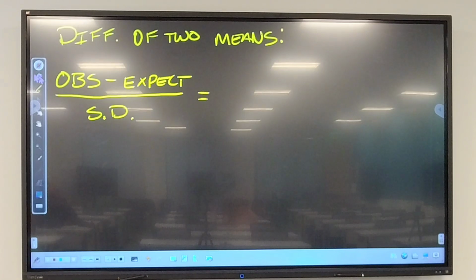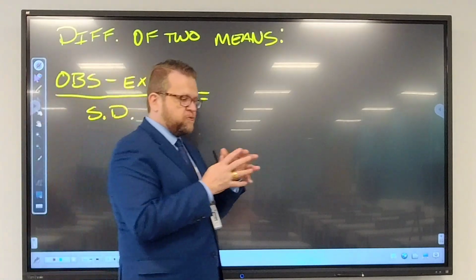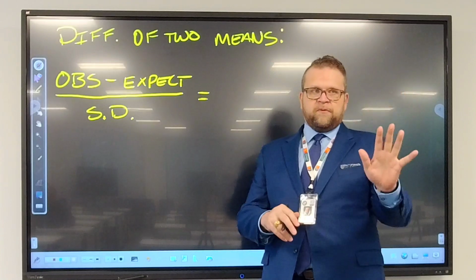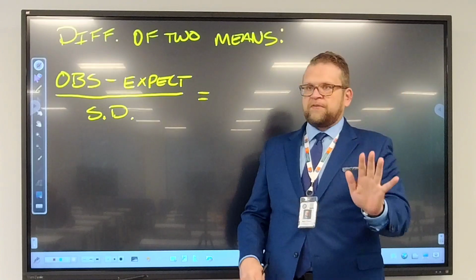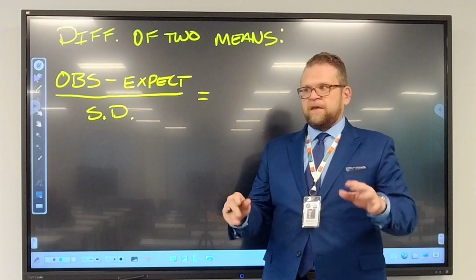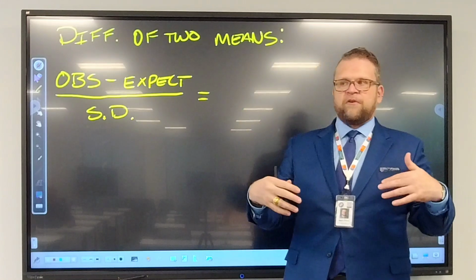Now, if I'm looking at two samples, over here I have a sample of students from last year, and then over here I have a sample of students from this year. And I look at their average grades, right?